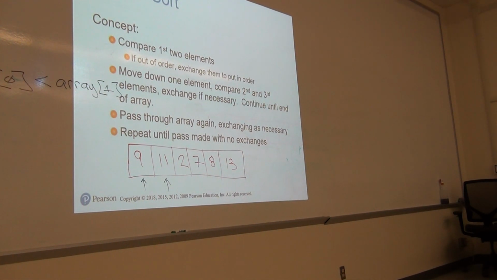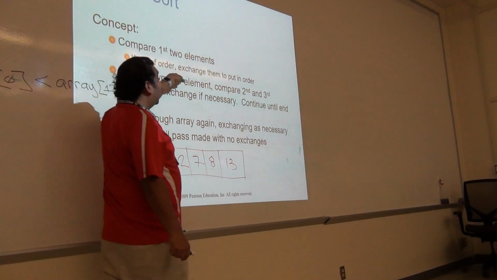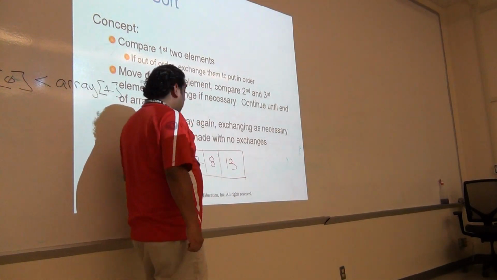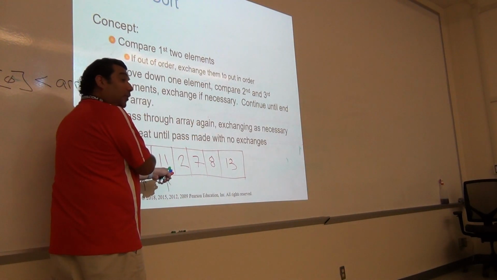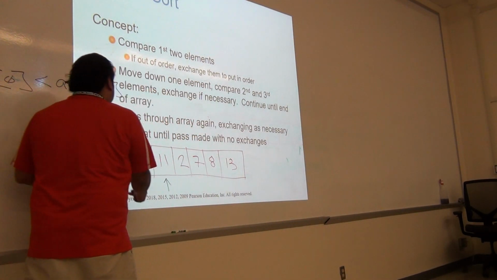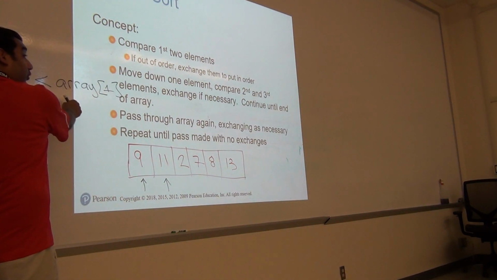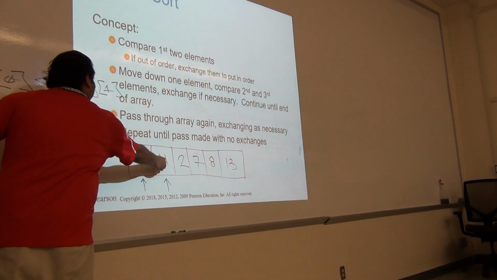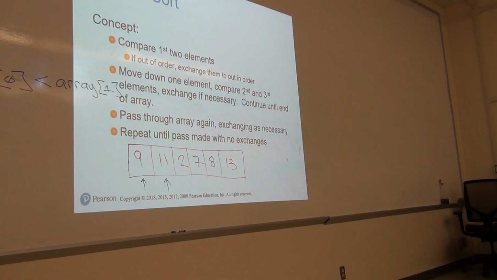Is the 0th element less than the element in the 1 position? So they are in order. So I do not need to swap them. Okay? If they were out of order, I could put them in order. I can literally have them swapped. But that's not the case here. They are in order. This is true. This guy is less than that guy. Cool. They're in order. Let's move on.